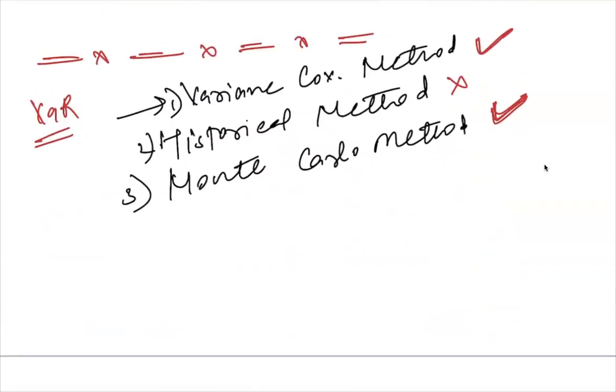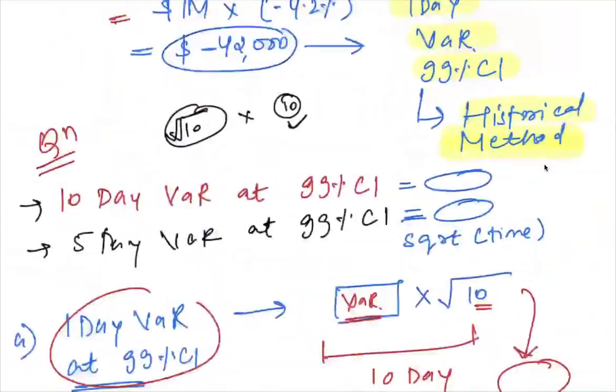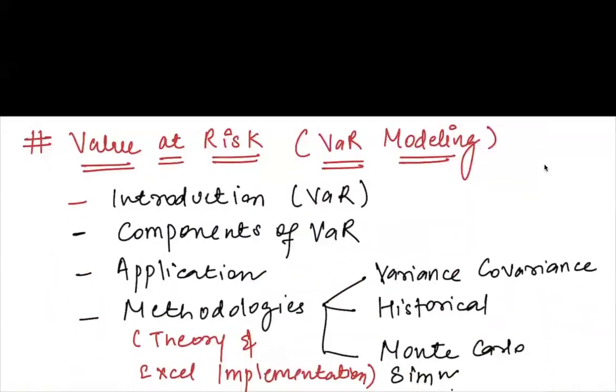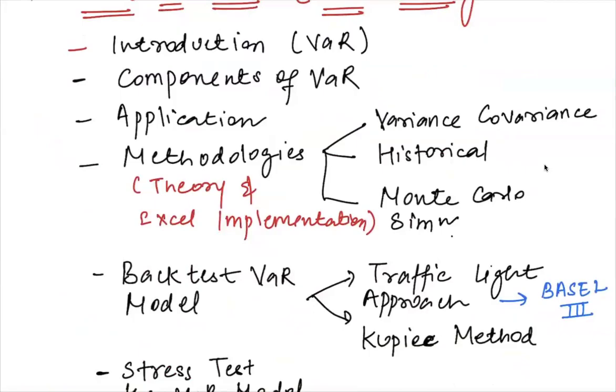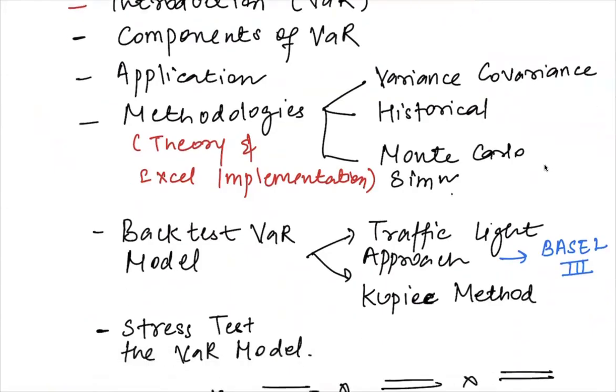As I said, in this whole project series we'll be doing the variance covariance method, the historical method, and the Monte Carlo simulation method. We'll understand the theoretical piece, and then I'll show you the Excel implementation followed by backtesting of the models and stress testing. So we'll see everything in Excel.